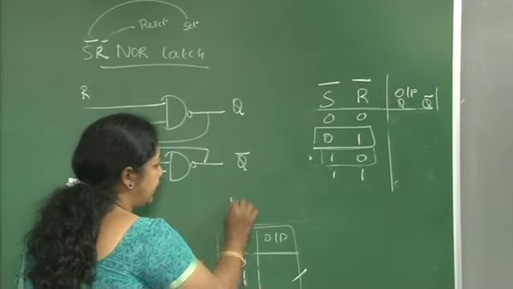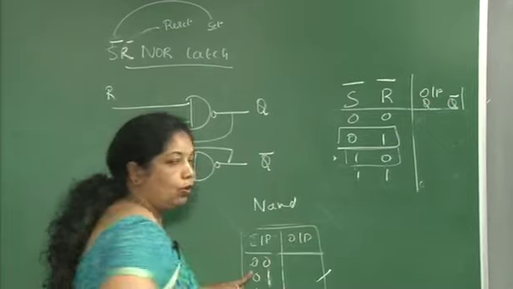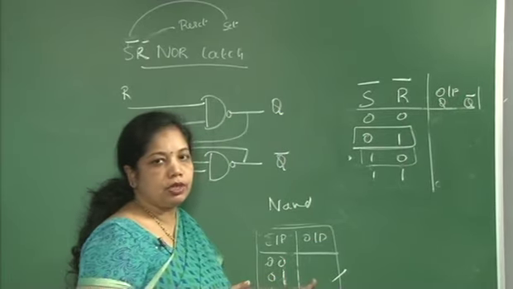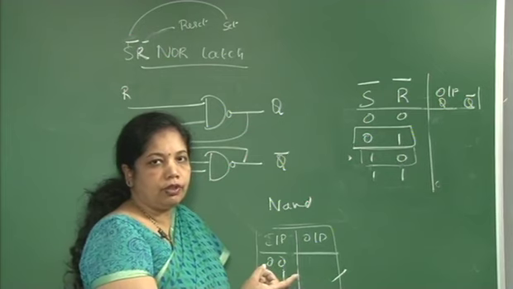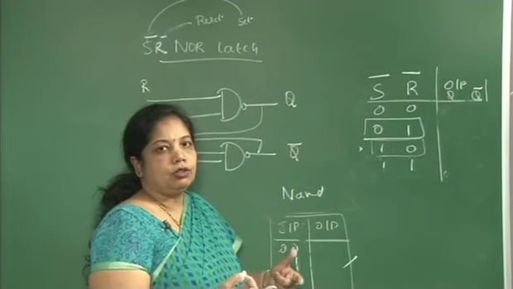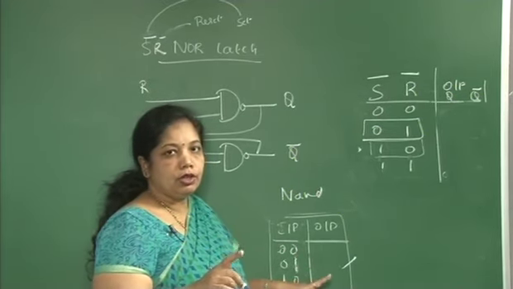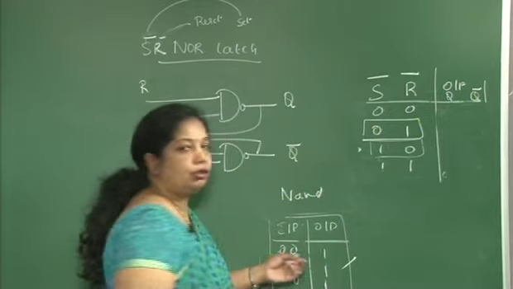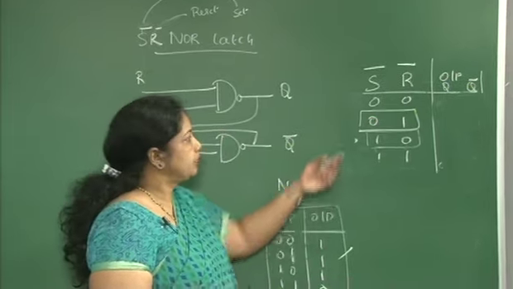In the truth table of a NAND gate, we know if any input to an AND gate is 0, the output is 0. So it is the reverse of the AND gate. NAND gate is the complement of the AND gate. So whenever any input is 0, my output will be 1. This is the truth table of the NAND gate.